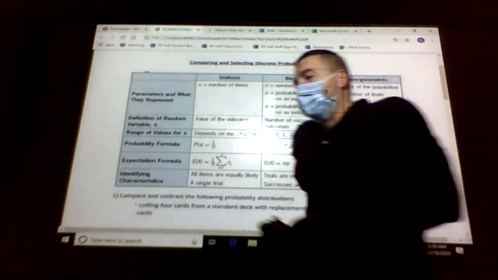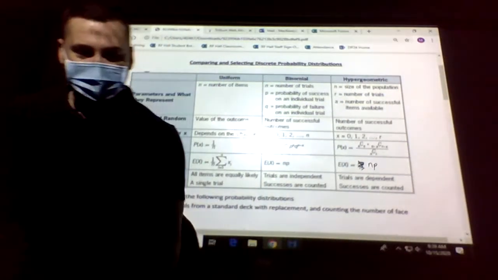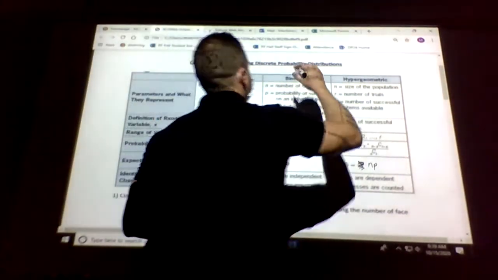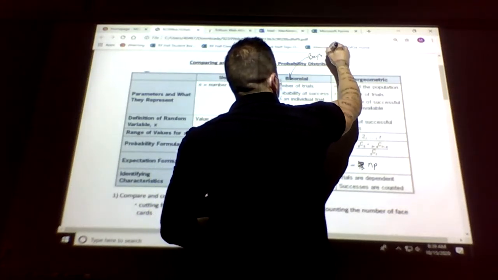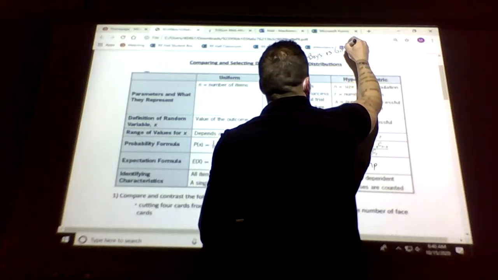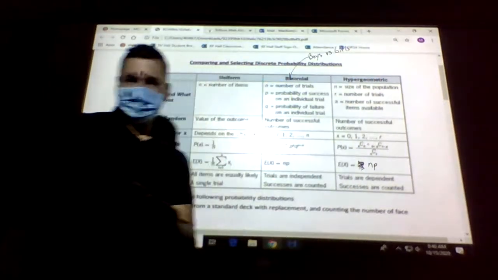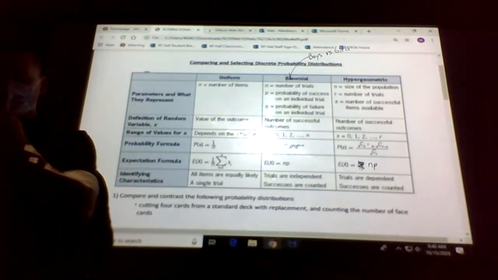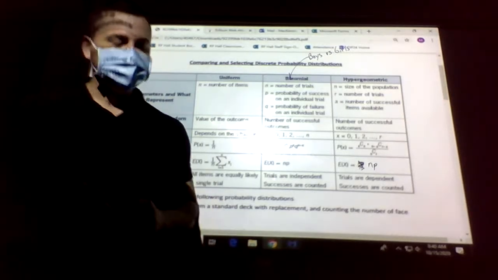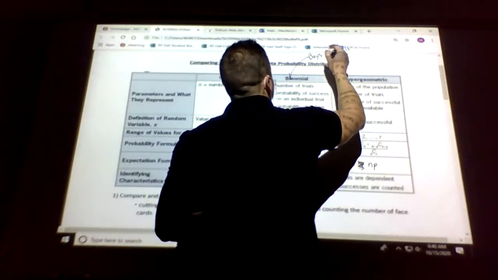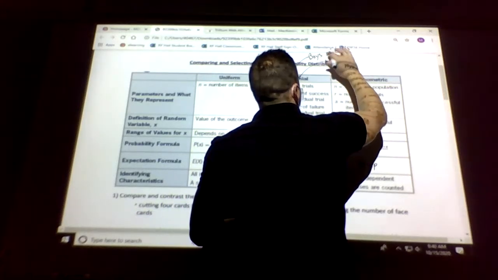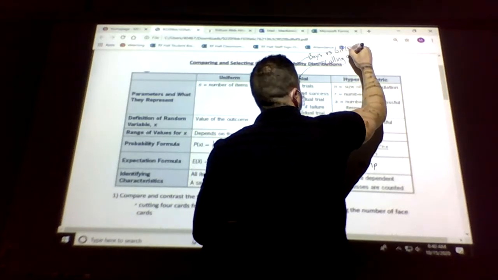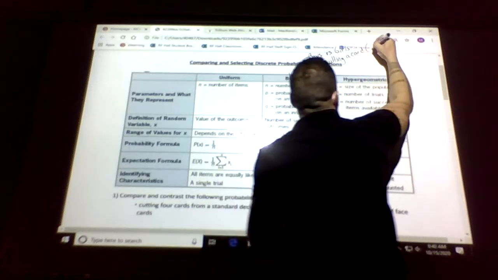Some examples of binomial: I did boys versus girls, or males versus females. Those are independent trials. Cutting a card, but you have to have replacement.